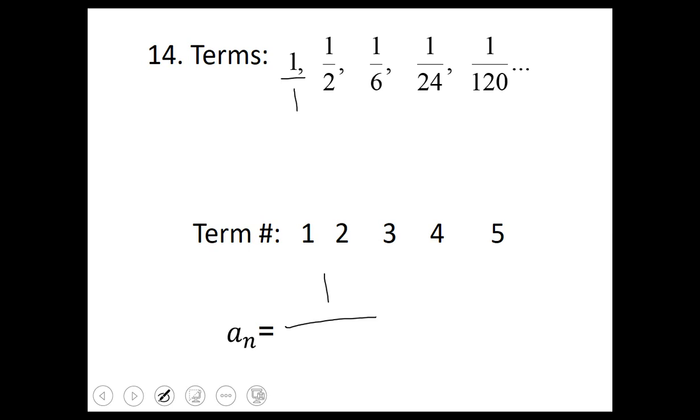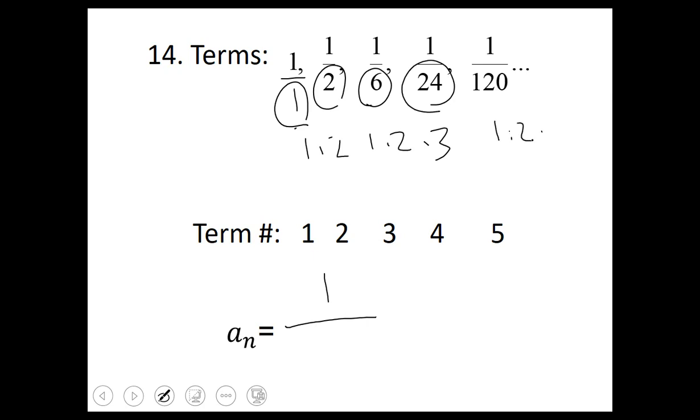Again, here's a little bit of a reminder. So this denominator is just a 1, whereas this denominator is actually a 1 times 2. This denominator is a 1 times 2 times 3. 1 times 2 times 3 times 4. And 1 times 2 times 3 times 4 times 5.